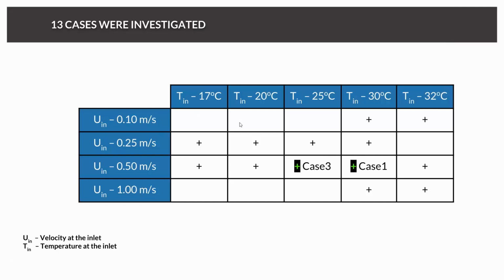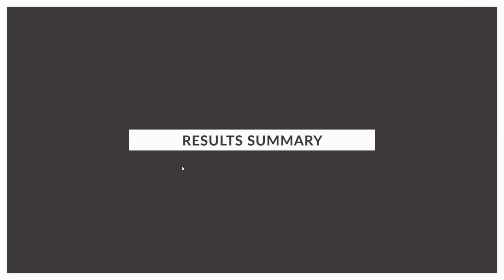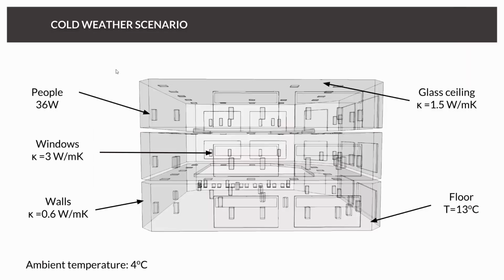Everywhere it's blank, we didn't run a simulation, whereas where there's a plus, we ran the simulation. So case 1, for example, means that the temperature at the inlet is 30 degrees and the inlet velocity is 0.5 meters per second. And we have marked case 3 and case 1 because these are the two cases we are going to take a look at. And now let's take a look at the results.